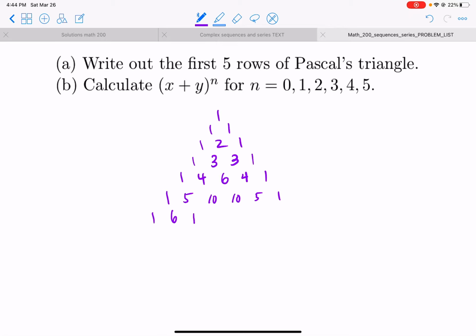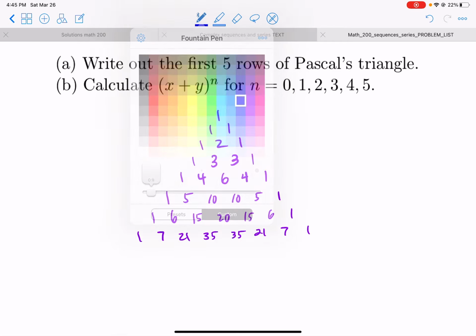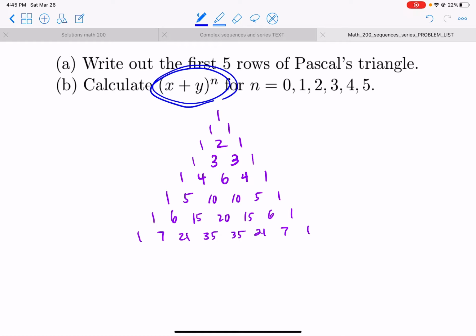And I don't even know how many rows this is. Maybe that's enough. Anyway, you could keep going until you're sure that you have enough rows. Okay. So that's part A. Now let's calculate x plus y to the n.